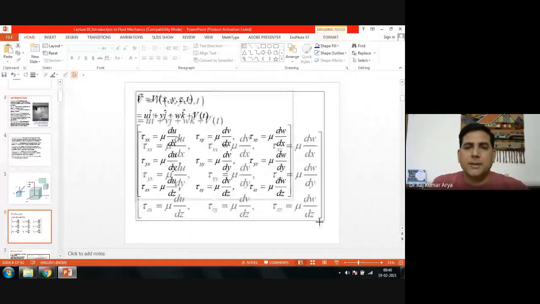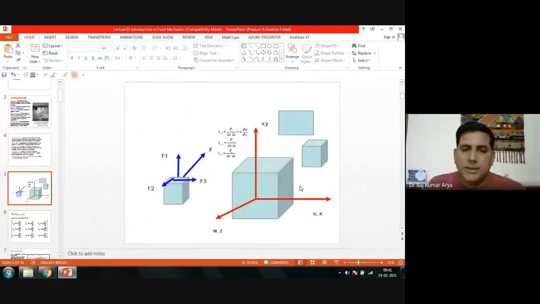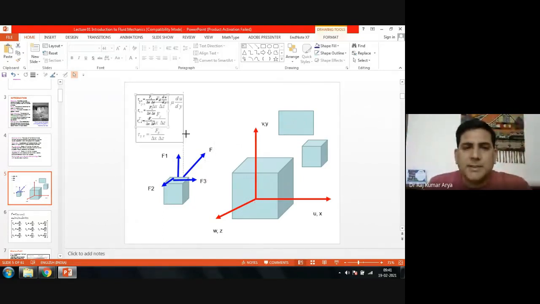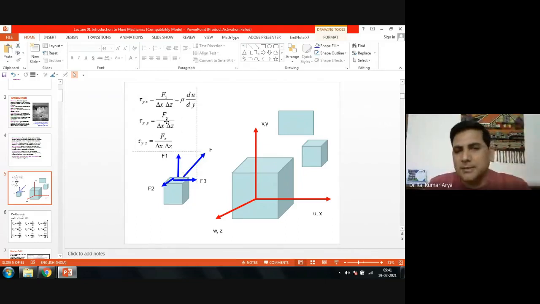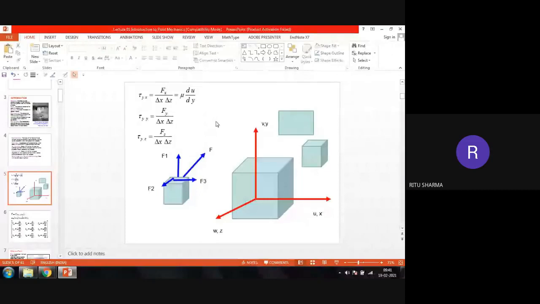Now go back to your geometry. Here you see any 3D surface or 3D object always has six surfaces, right? Correct or not? Yes, sir. So it has six surfaces.